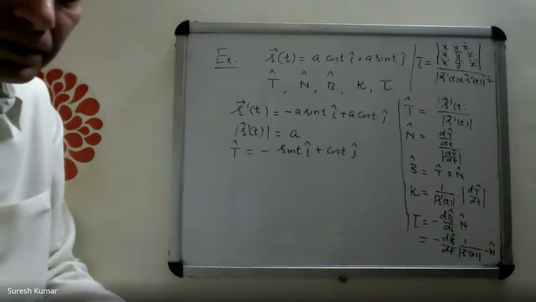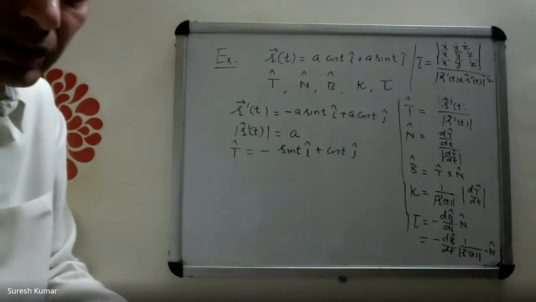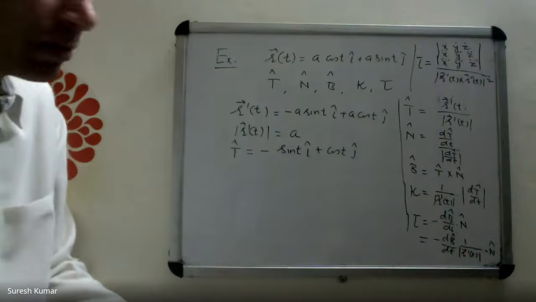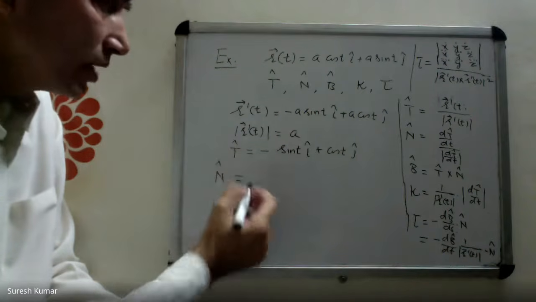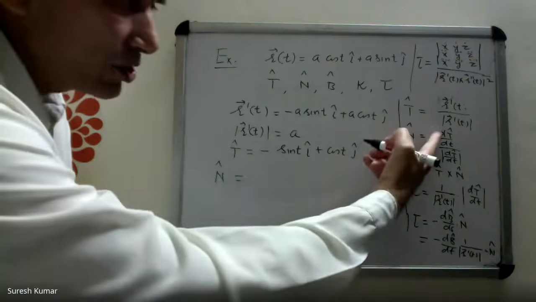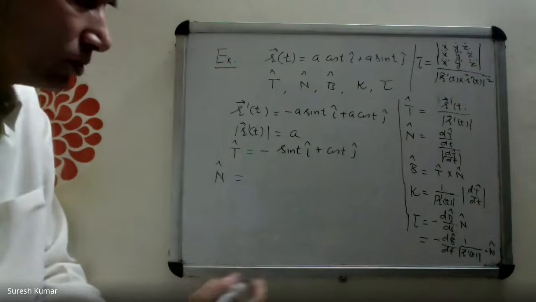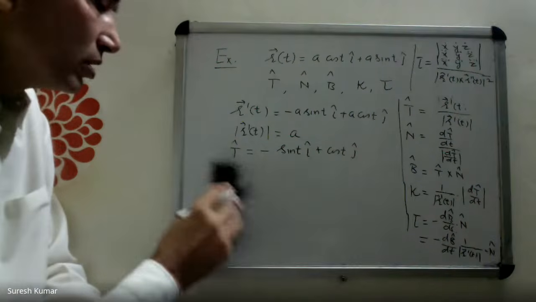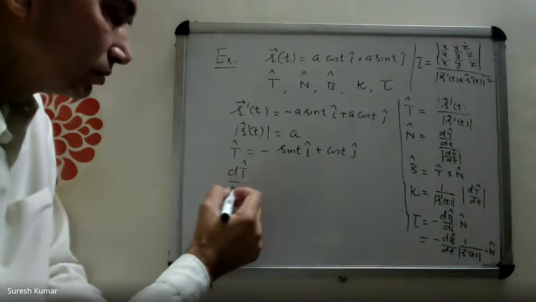Right? Are you okay with T cap? Okay. Similarly, can you calculate n cap yourself? Because what is needed next? The derivative of T cap with respect to T, divided by its magnitude. So what is the derivative of T cap, dT cap over dT?